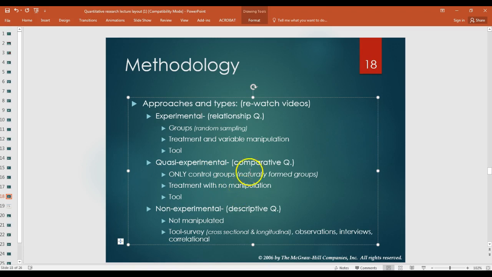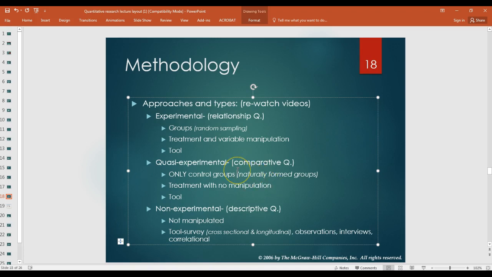One is the random assignment, and two is the variable and manipulation. If there are two variables, then there is a manipulation of one versus the other that has the outcome, right? But we agreed that in quasi-experimental comparative questions, you only have one variable that you are studying, so de facto there is no manipulation.